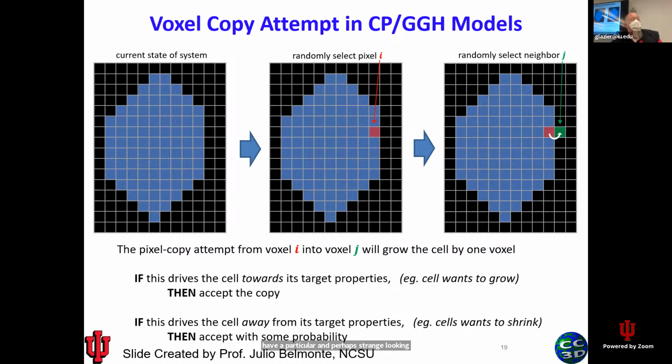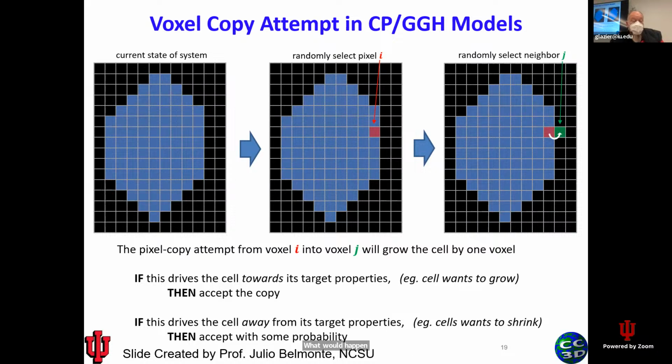Here's our cell at initial time. We pick one site in the cell. We pick a neighboring site and we ask the question, if the cell we've picked were to extend itself and push itself out by 1 voxel, what would happen?